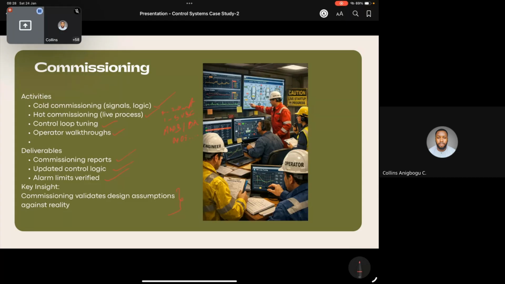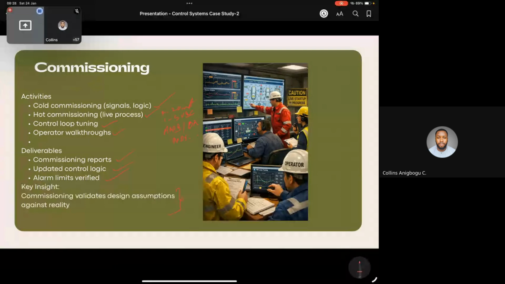But again, in as much as the detailed design is very important, right? The FEED stage feeds information into the detailed design, right?